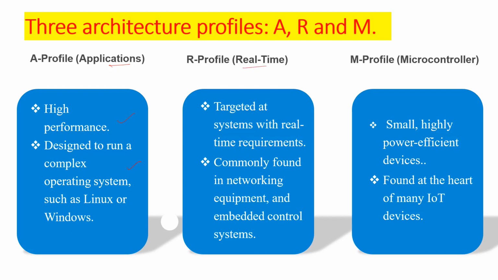And the real-time ARM processors are targeted to work with real-time requirements like networking, controlling, and embedded controllers. The M profile is the basic profile. It's for small but power efficient devices. So with low power, it can effectively show its performance.